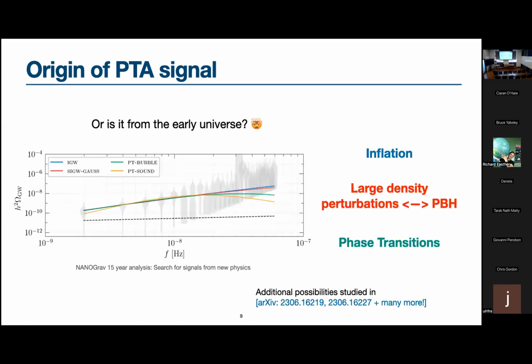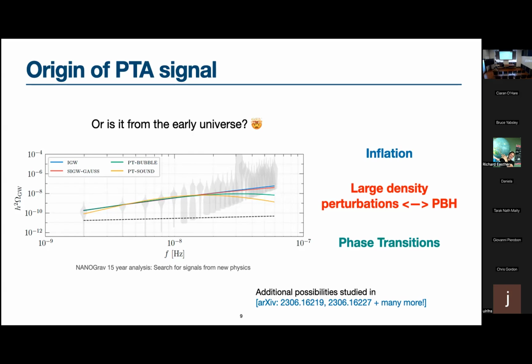On the other hand, a lot more speculative, but perhaps more exciting for people listening here, is that the signal comes from some exotic process in the early universe. So some non-standard inflationary scenario, large density perturbations associated with primordial black hole formation, some phase transitions, and many other possibilities that people have studied recently.